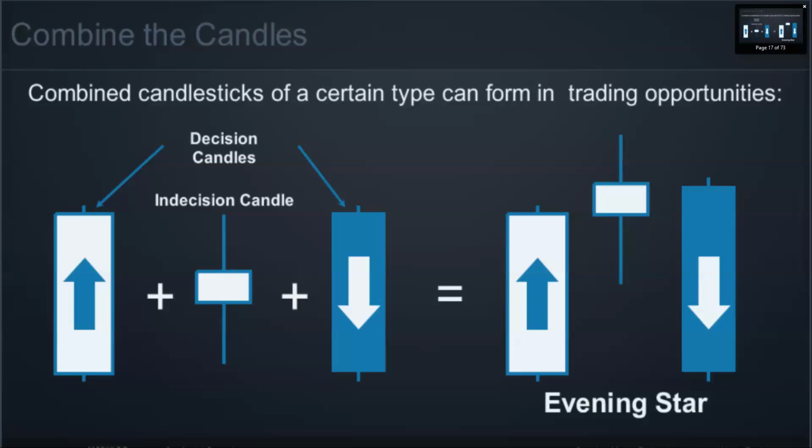The spinning top is a candlestick that shows the market is neither going up nor going down. But we can use it to make decisions, because if you look at this evening star, you have a decision candlestick to the up, then an indecision candlestick, and a decision candlestick to the down.